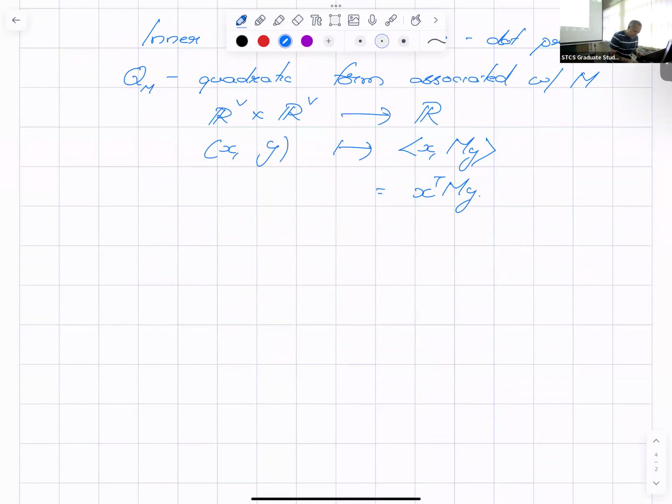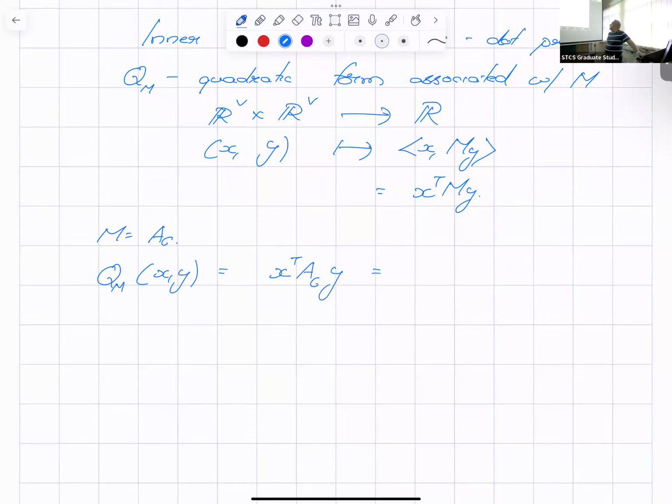Just to get our hands dirty, if M is actually the adjacency matrix, let's see what this is. What is Q_M of x comma y? It's x transpose A_G y.